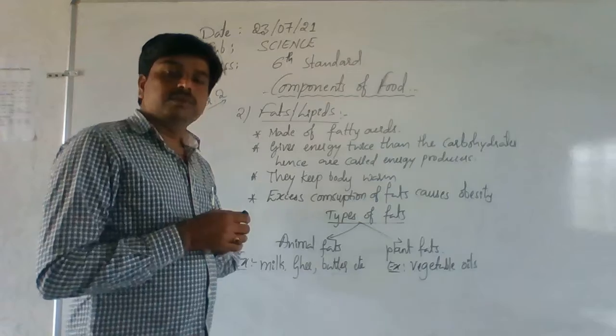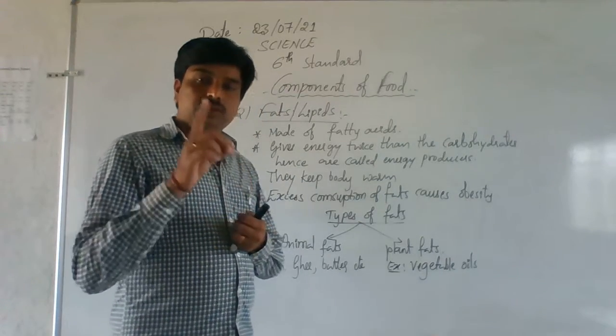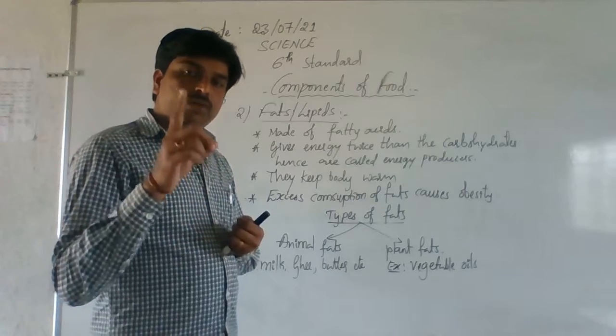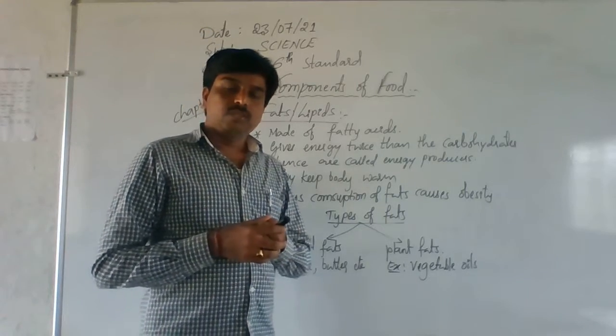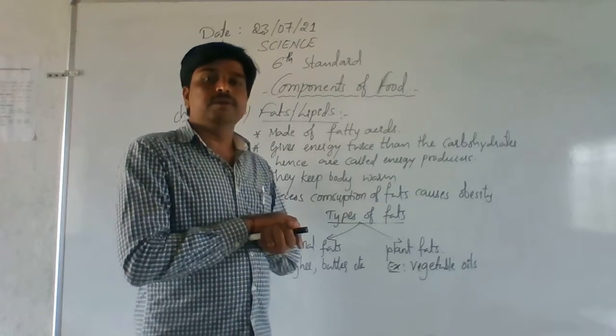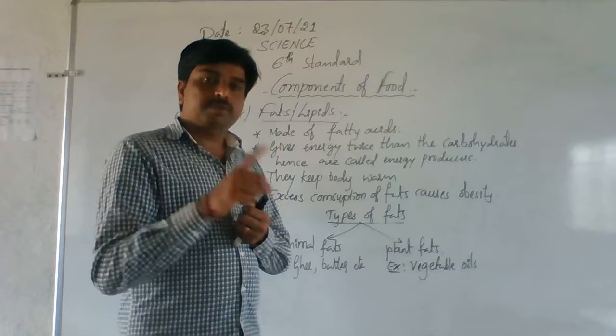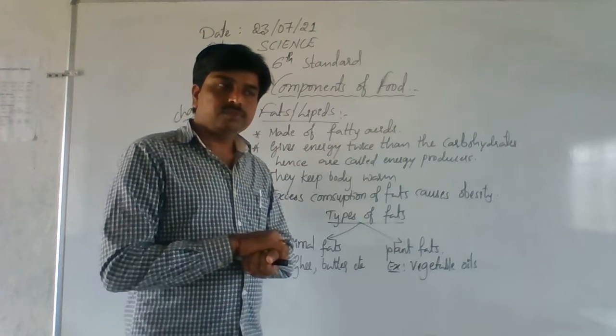What do you use to test for starch in your food? You use iodine solution. When you add iodine solution to the food sample, if it turns blue black, that indicates the presence of starch in the food.